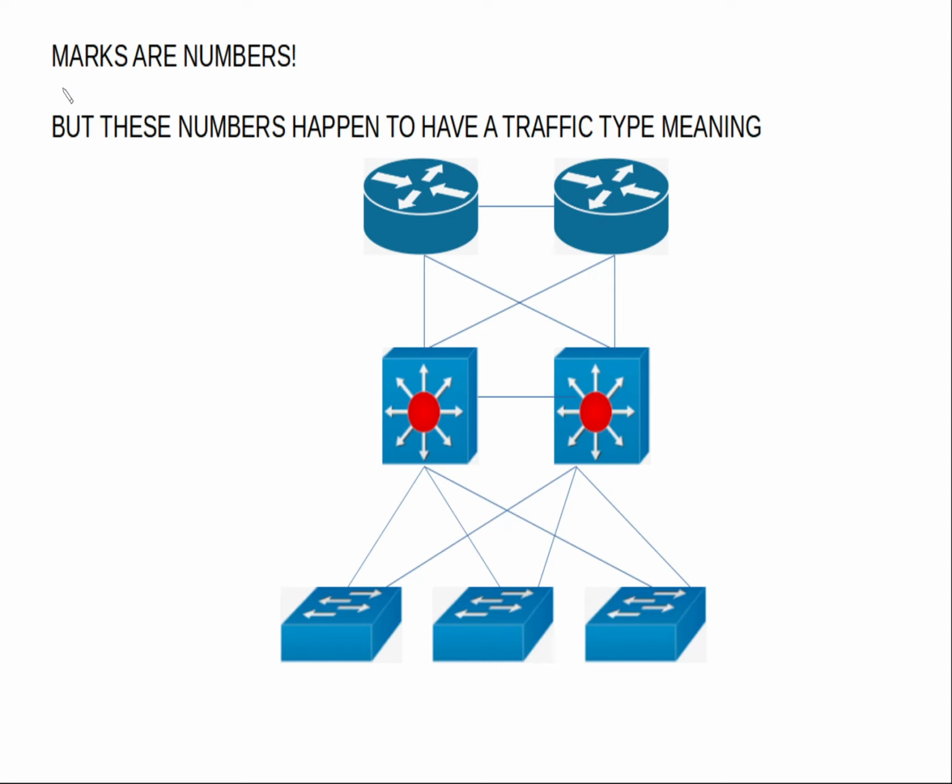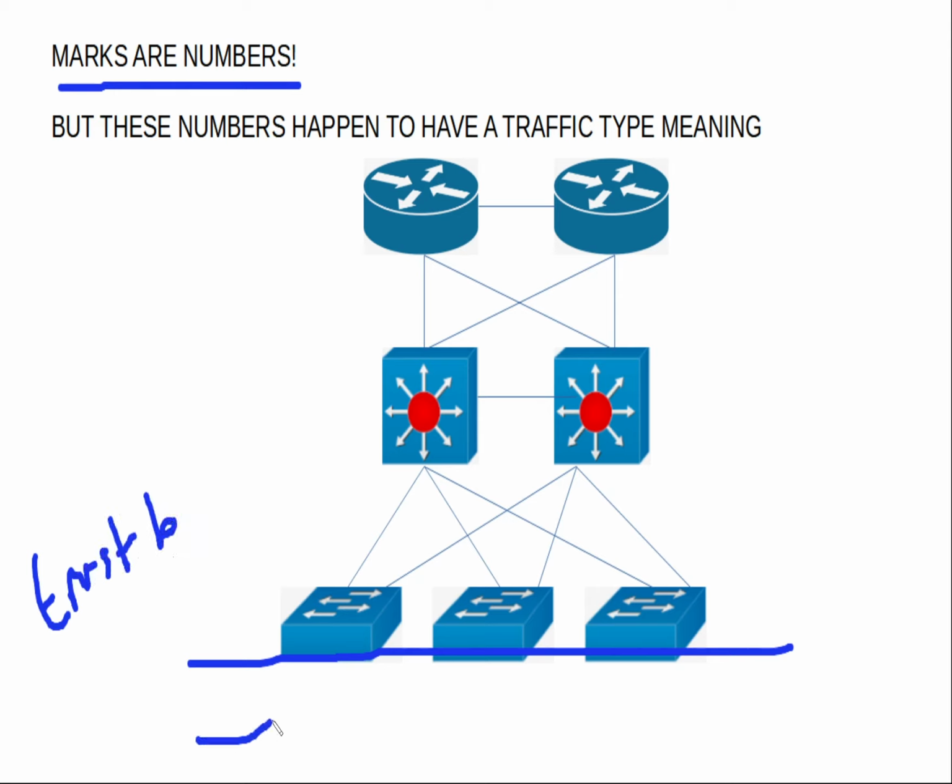Marking is just establishing numbers within packets as they arrive into our network. So remember that if you have a network, you have an imaginary boundary line here that we call the trust boundary.